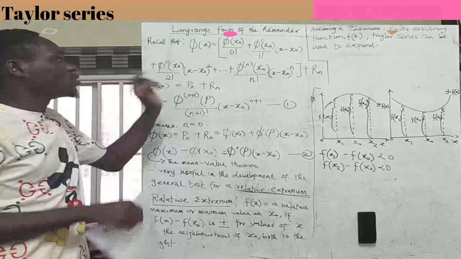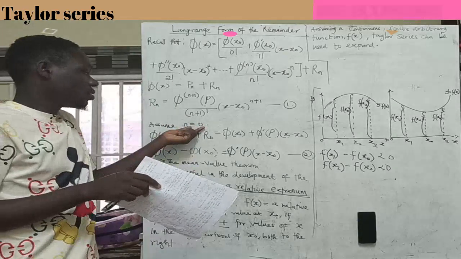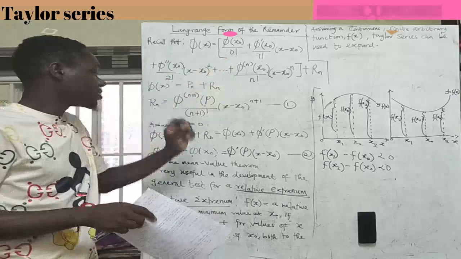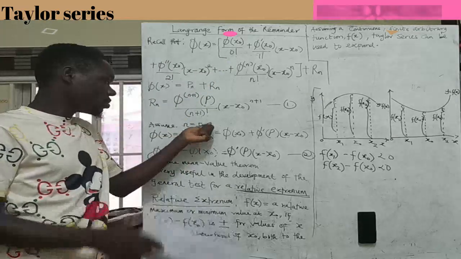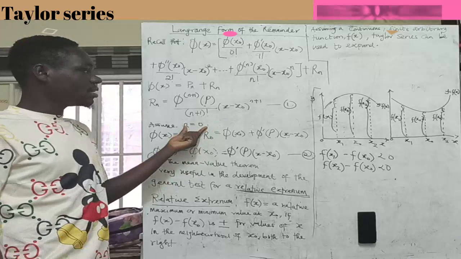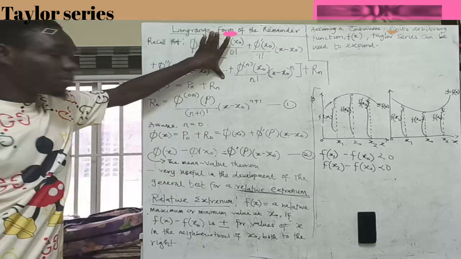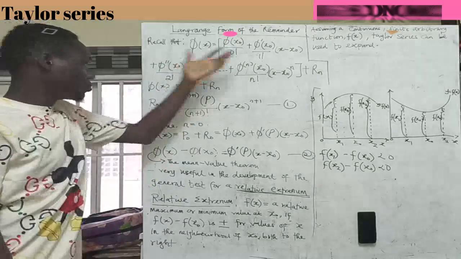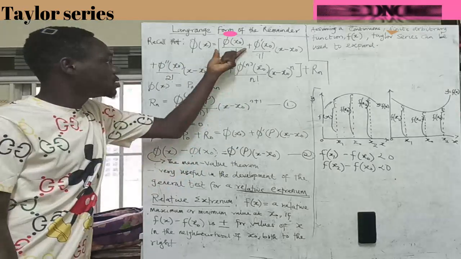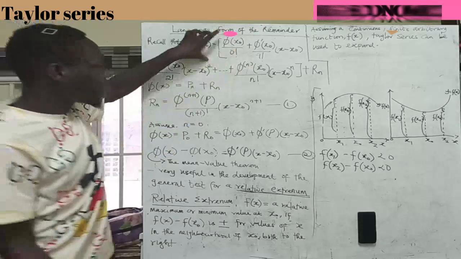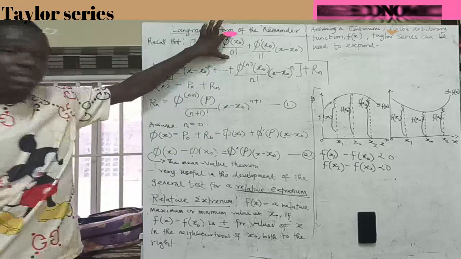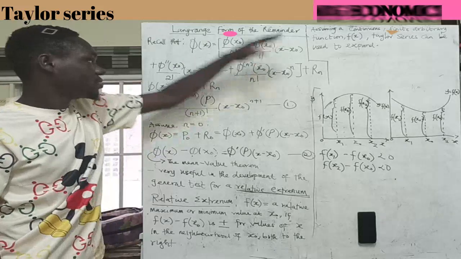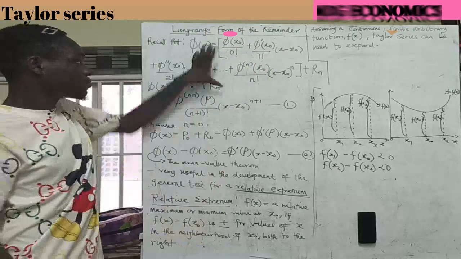Now if we assume that n is 0, in this case we are dealing with the original function. We are saying we are at the zeroth order of our differentiation. This is n equals 0. If we substitute this into the Taylor formula, it is reduced to this. Within this bracket we are only going to be dealing with this, and every other series of derivatives will drop out of the function.